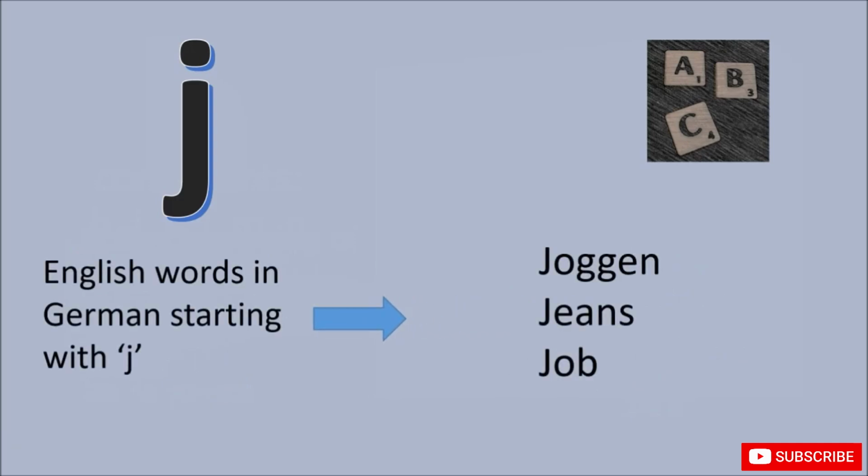But English words in German starting with J have been Germanized insofar that if it's a verb, it may have German endings now, but they are still pronounced as in English. So joggen, jeans, job. So ich bin joggen gegangen.